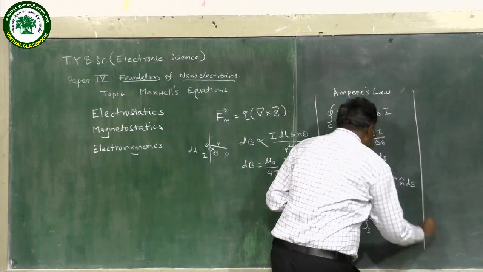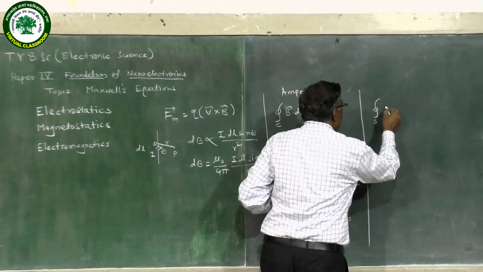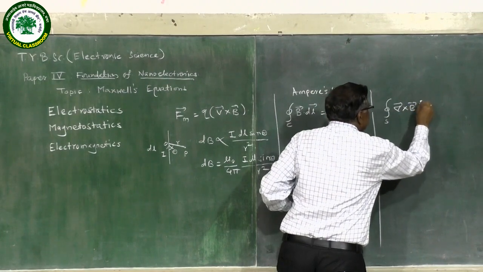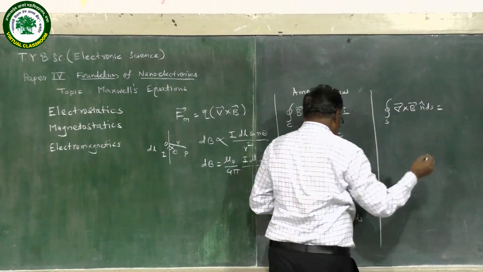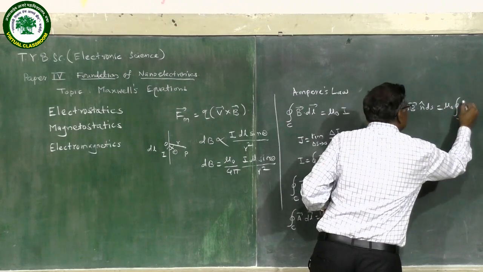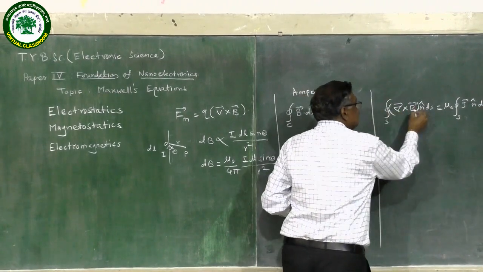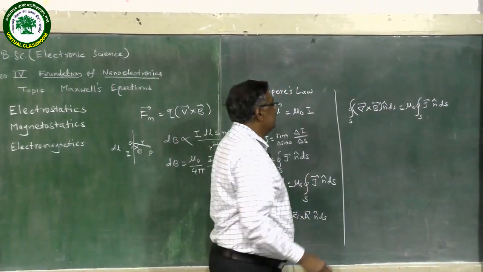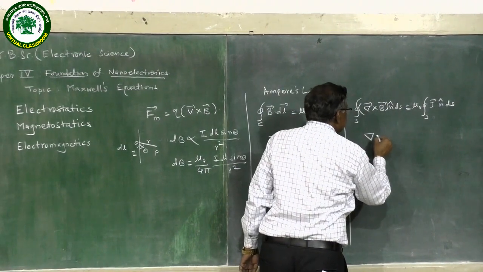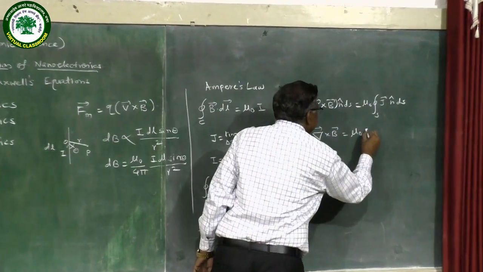So the left-hand side becomes the surface integral of curl of vector B dot n ds, which is equal to mu 0 times the integral over S of vector J dot n ds. Now on both sides we have the surface integral, and so the equation reduces to curl of vector B is equal to mu 0 into J.